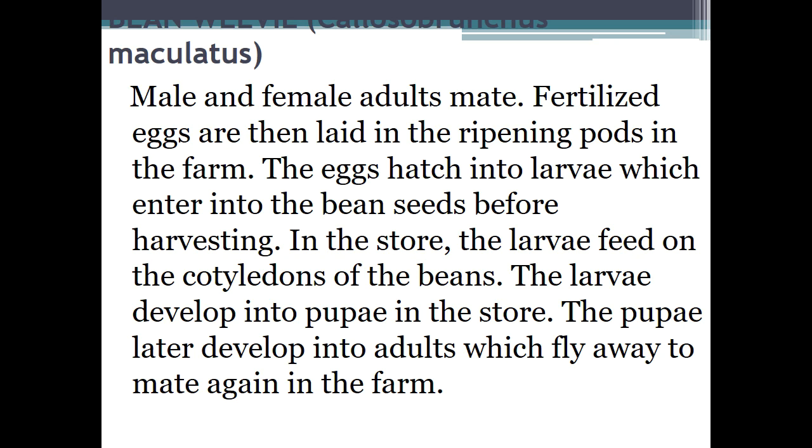So part of the life cycle occurs in the field, while the other part occurs in the store. At the end of the life cycle, the adults fly back to the field for mating. So this organism exhibits a complete type of metamorphosis with the 4 stages of development: egg, larvae, pupae, and adults.